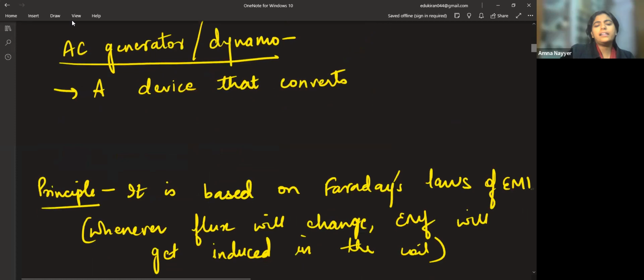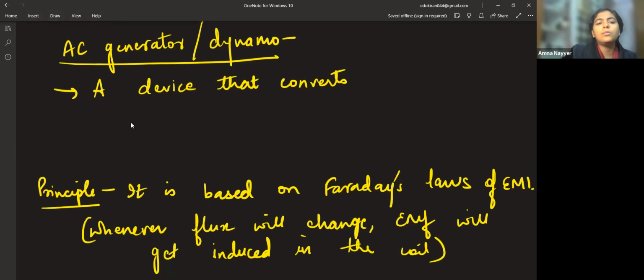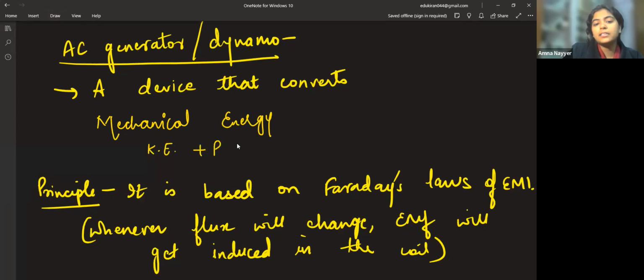Okay, AC generator, AC dynamo. It's a device that converts mechanical energy. What is mechanical energy? Mechanical energy is the sum of kinetic and potential energy. This gets converted into electrical energy.